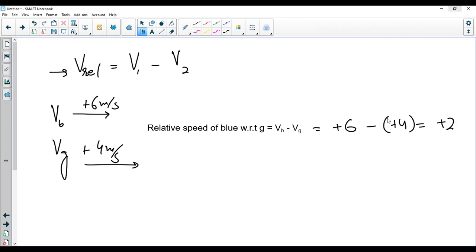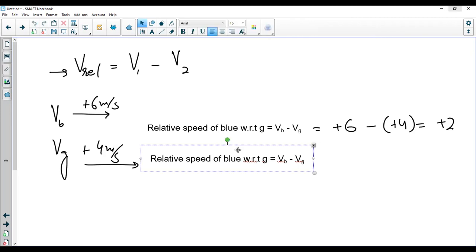Is that right? But remember, we can also work it out the other way around. We can work out the relative speed of the green with respect to blue, the relative speed of G with respect to B. Then we have to do this reverse.